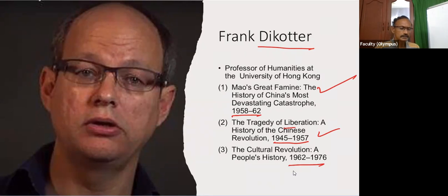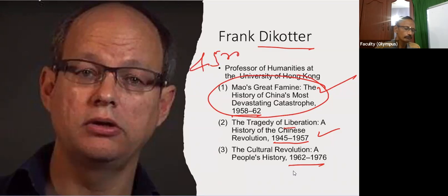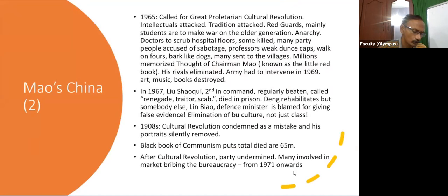According to him, 45 million died during the famine, along with all kinds of actions related to land issues. And all things put together, there is the Black Book of Communism, which says that the total deaths, including other experiments, are 65 million.